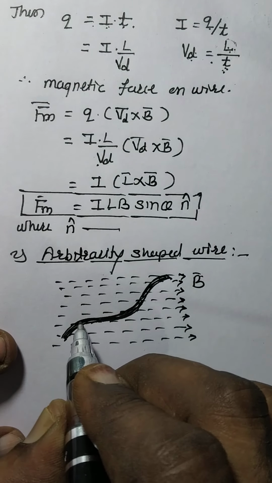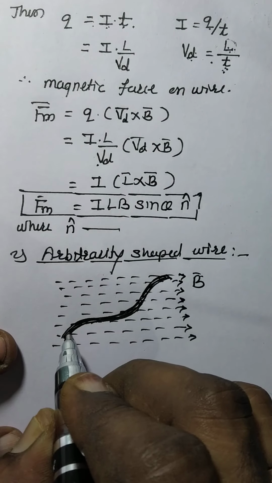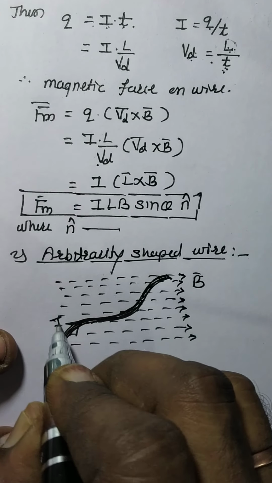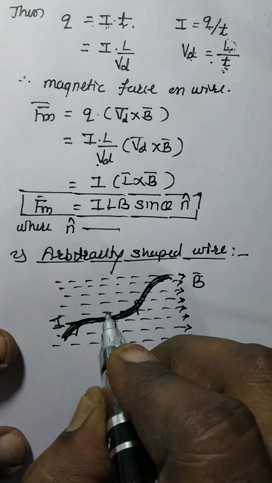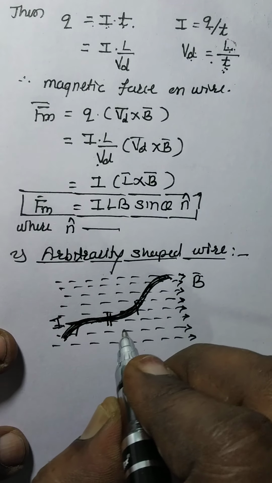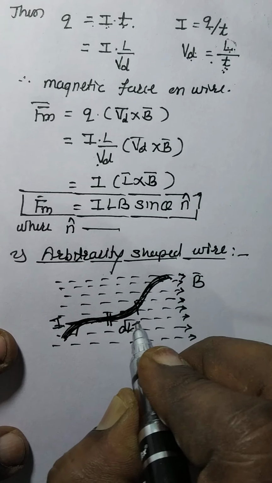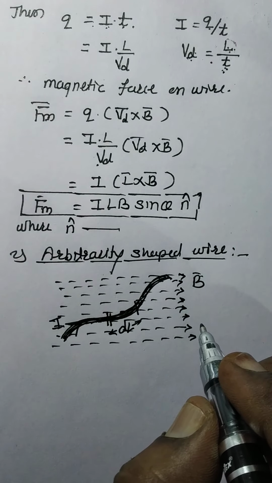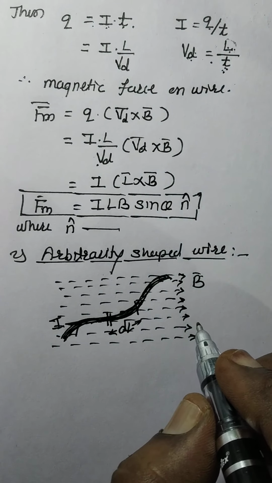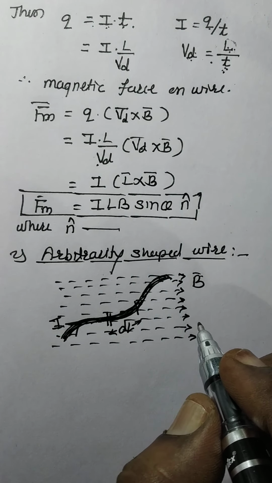I is the current flowing through the wire. Let's suppose DL is the length of a small element of wire.